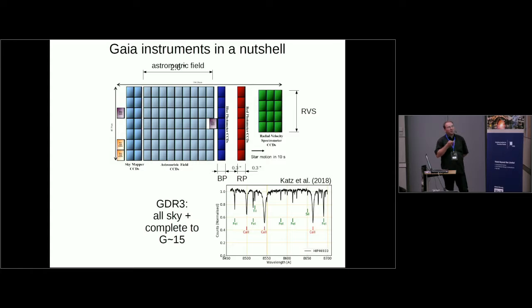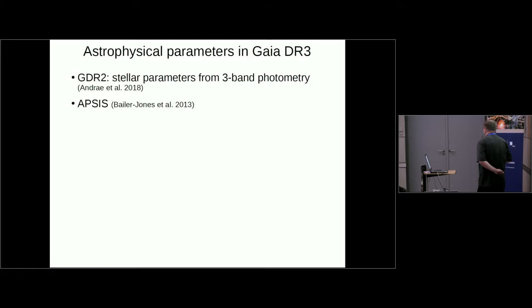For DR3 you will also get these spectra, most likely or possibly. They will also be all sky and complete to something like 15th, 16th magnitude, which is still subject to testing. So these are the observables: photometry, low resolution spectra, high resolution spectra, and the parallax, of course.